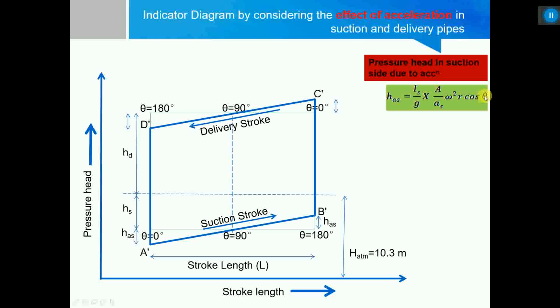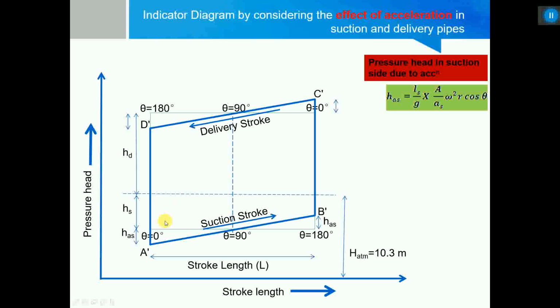So the maximum value of cos theta will be equal to 1. Similarly, when theta is equal to 180 degrees, it will again have the maximum value, that of the negative of this one. But when theta is equal to 90 degrees, that is when the piston is at the mid of the cylinder, at that moment HAs, the acceleration head, will be of minimum value, that is 0.